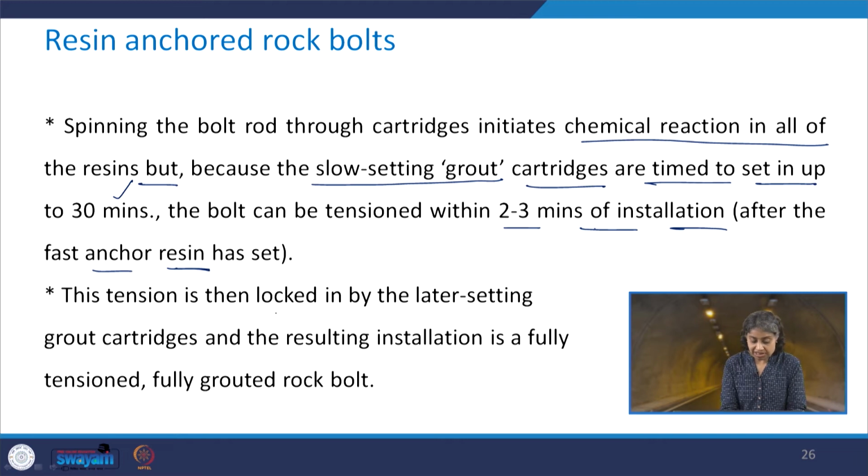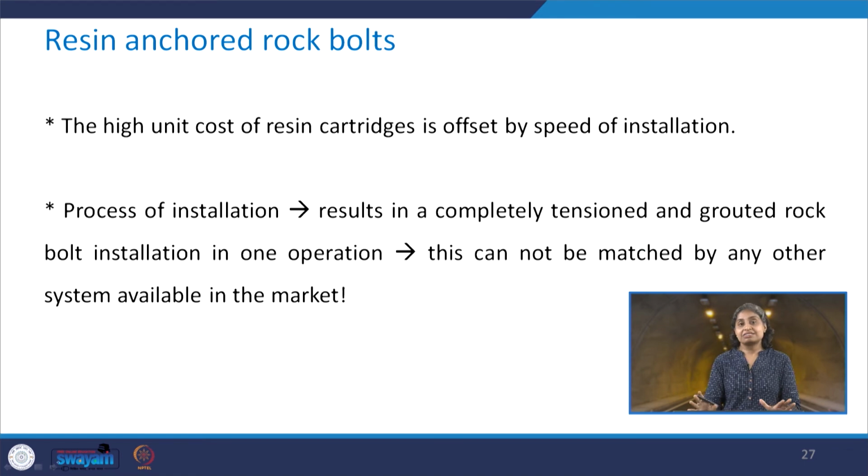This tension is then locked in by the later setting grout cartridges, and the resulting installation is a fully tensioned, fully grouted rock bolt. The resin cartridges have very high unit cost, but they are installed at very great speed.